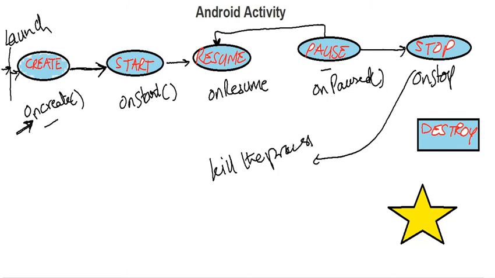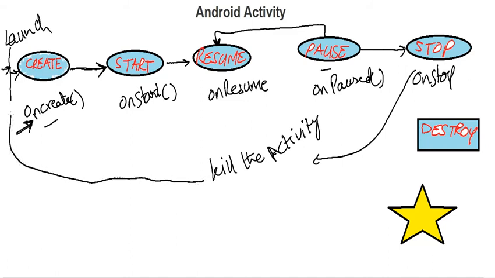And if the activity process is killed, then after onStop is called, the user needs to relaunch the activity, so it will again use this onCreate callback for the creation process.